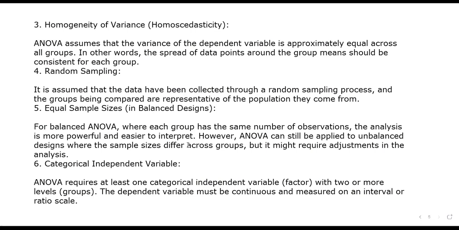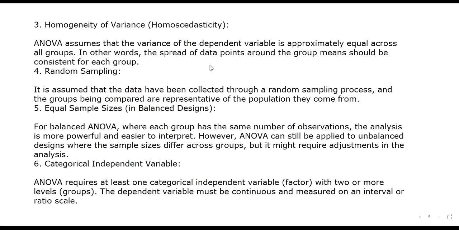For a balanced ANOVA, each group should have the same number of observations for the analysis to be more powerful. And also we have the categorical independent variable, where ANOVA assumes at least one categorical independent variable with two or more level groups. So these are the basic assumptions that you need to know when you're dealing with ANOVA.